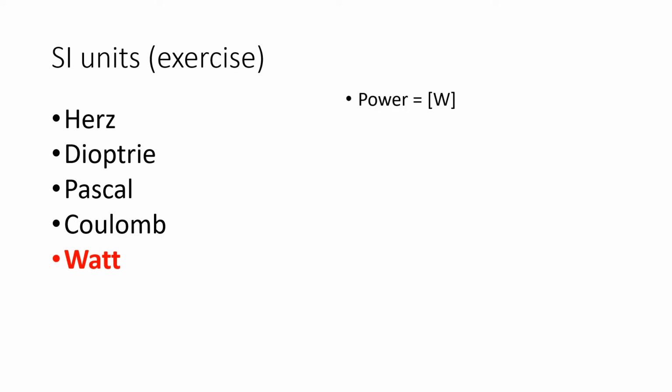Watt is the unit of power. Power is the rate of performing work in the system. Work done by the force is the product of that force, the distance over which the object has been moved, and the cosine of the angle between these two vectors.